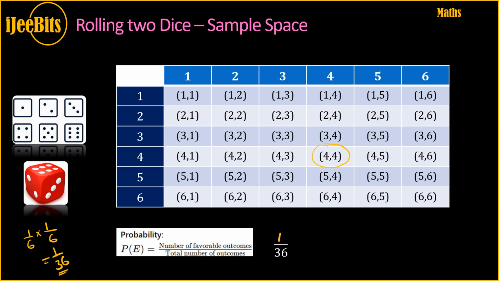So either you do it independently and multiply, or you construct a sample space with all possible outcomes for rolling two dice, and your answer remains the same. The approach is up to you, but you can easily arrive at the answer.